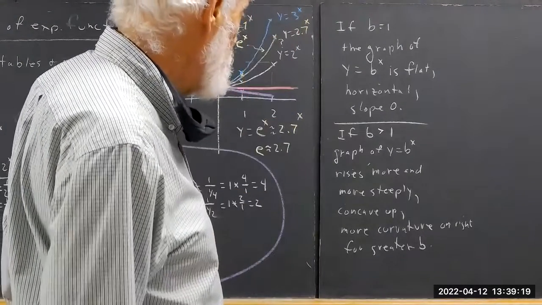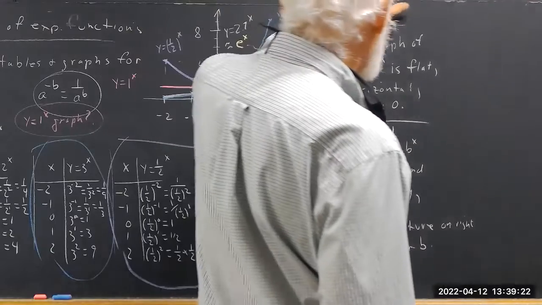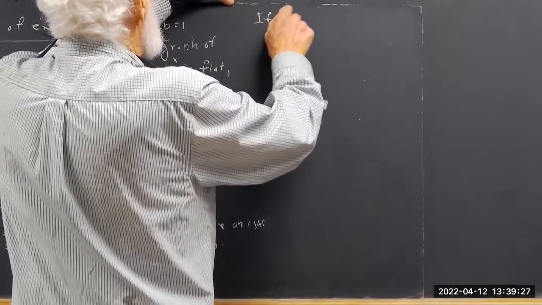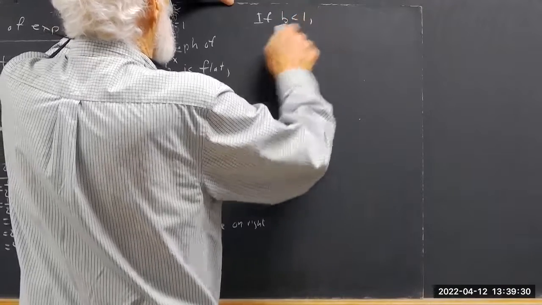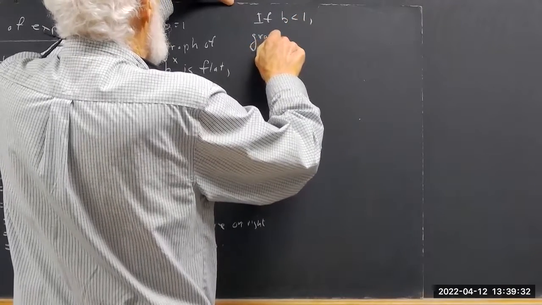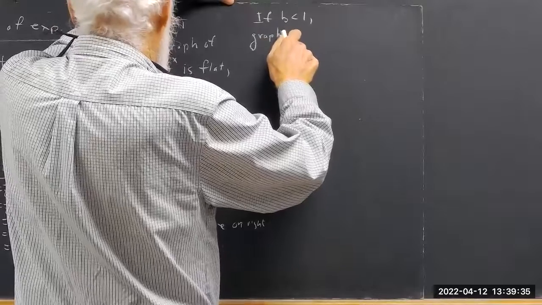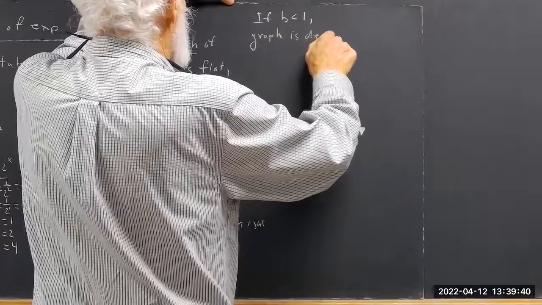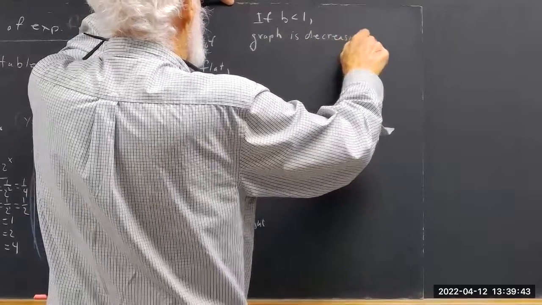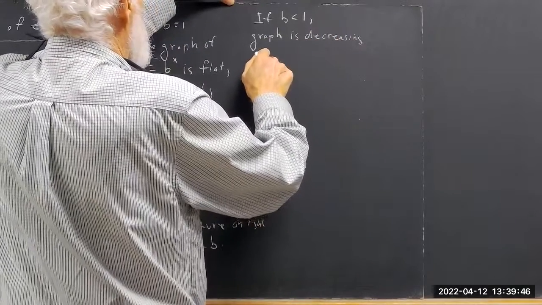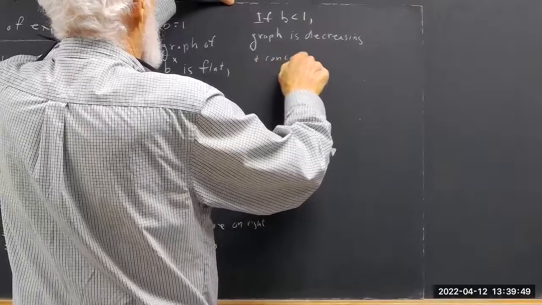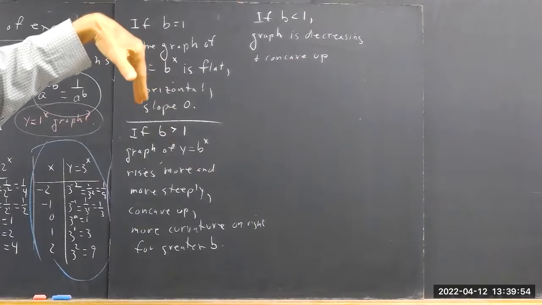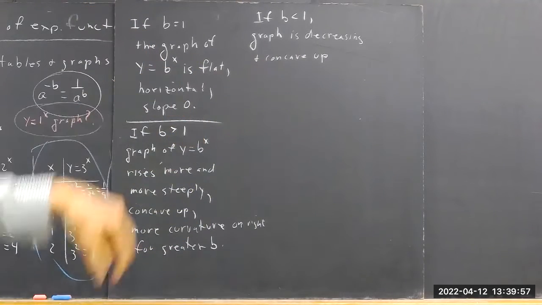And if b is less than 1, it's still concave up. Okay. Just like this one is, but it's decreasing.